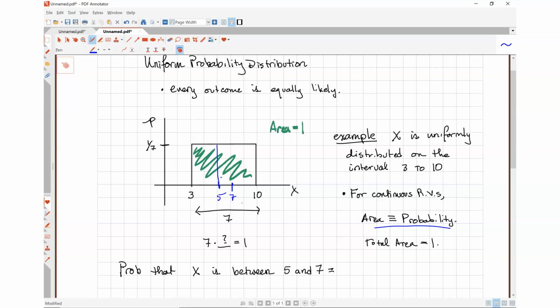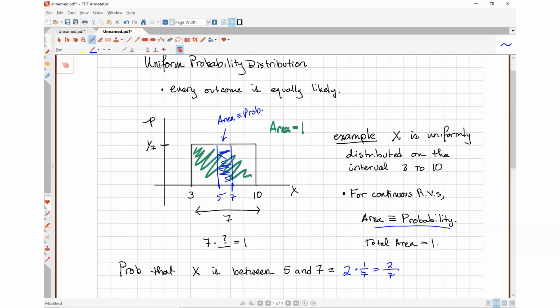So what we're going to do is chop this piece of the rectangle that corresponds to the interval between 5 and 7 and ask, what is the area of this? The length of that rectangle is 2, because the distance from 5 to 7 is 2. And the height of this rectangle is 1/7. So the probability that random variable x turns out to be between 5 and 7 is 2/7.